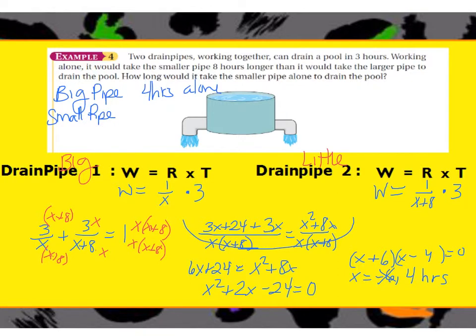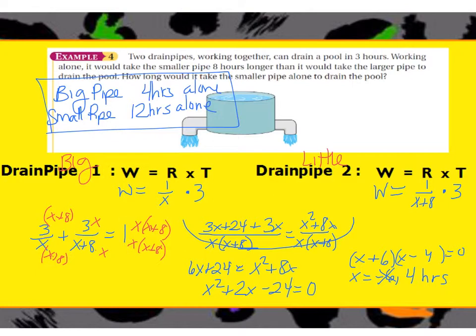Well, that would be 12 hours then, if it was working alone. And there's your answer. So that's a couple work problems. Where the variable goes can vary, but what does always work out on these is you always add the two things that are working, add them and set it equal to 1 every time.